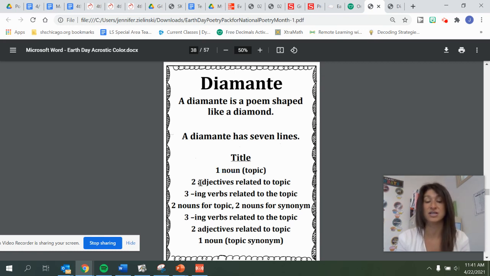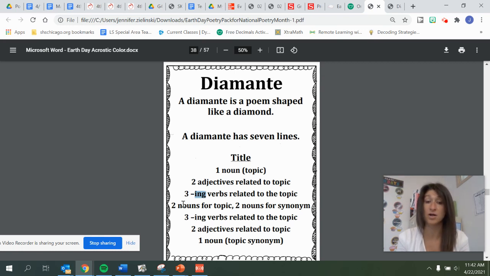Adjectives are words that describe something, so we want to think of words related to our topic, which is Earth Day. We also have verbs, which are action words, and our verbs are going to have ing at the end, our suffix of ing.